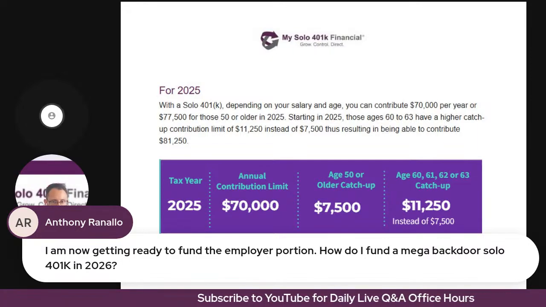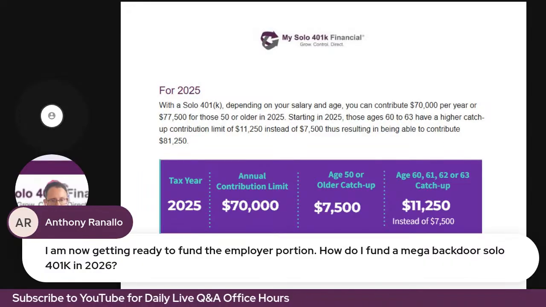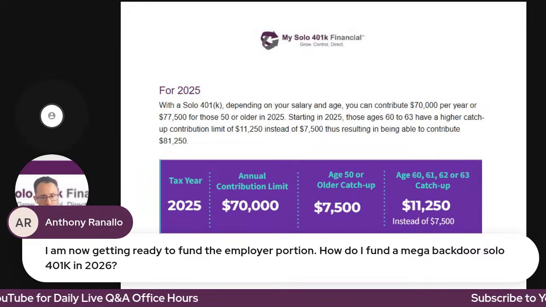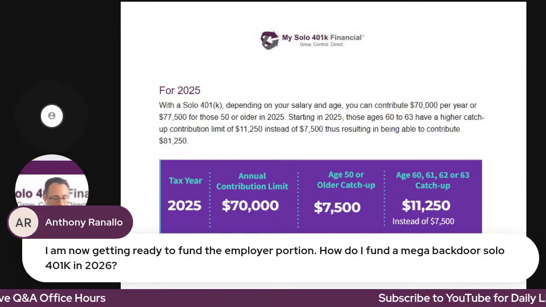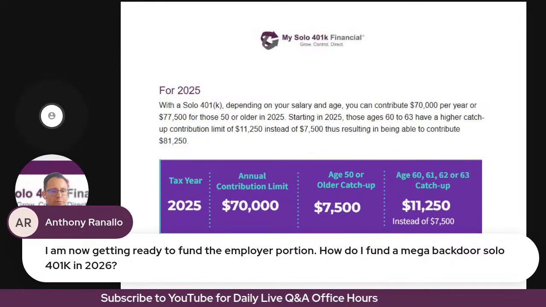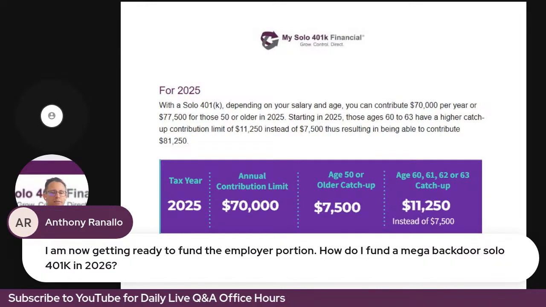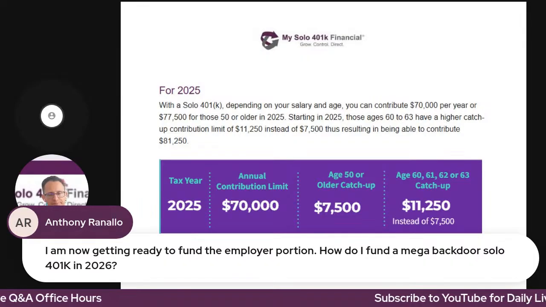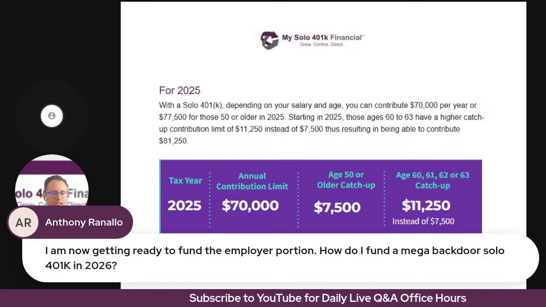So if you already made employee contributions, then you can make some employer contributions and voluntary after-tax solo 401k contributions as well. But it's important to understand that you cannot go over the overall limit for the year between all three contribution types. So you'll want to make sure that you do not go over the annual contribution amount.